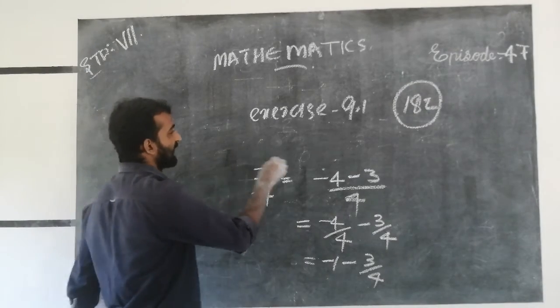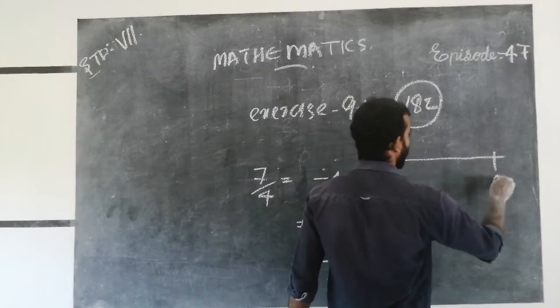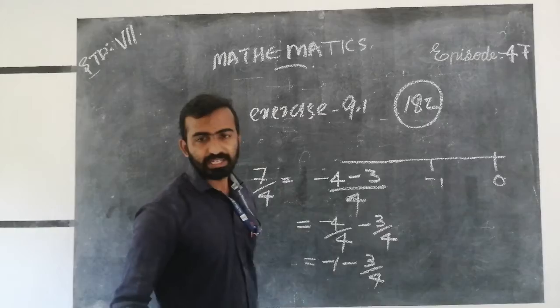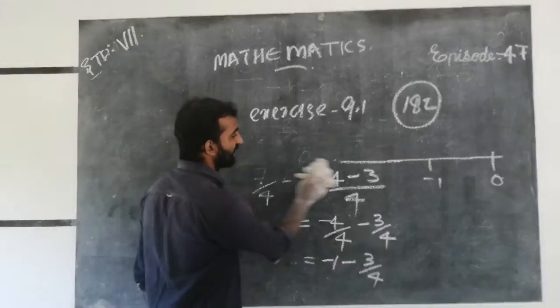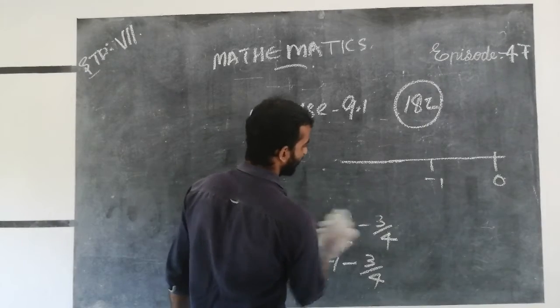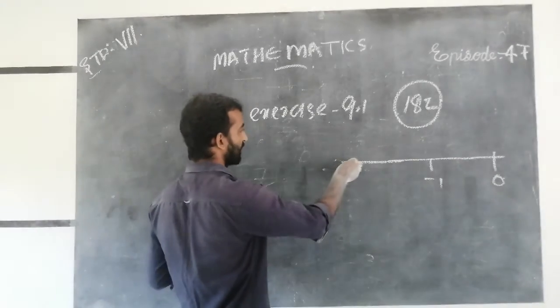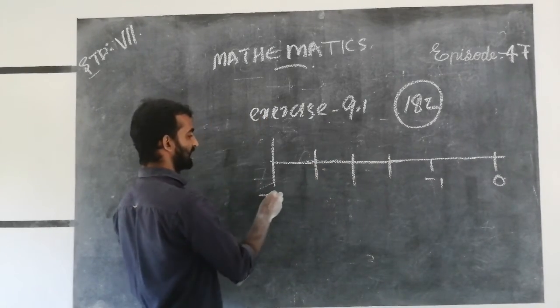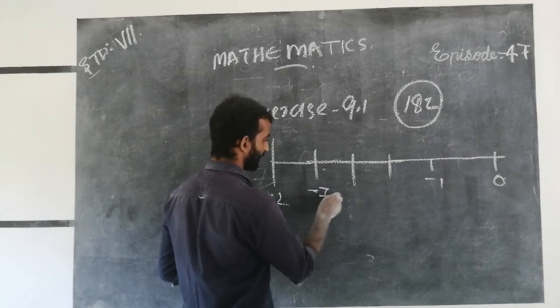We draw the number line, here is 0, here is negative 1. We divide the interval up to negative 2 into 4 equal parts, then we get the number. This is negative 2, and this point is negative 7 by 4.